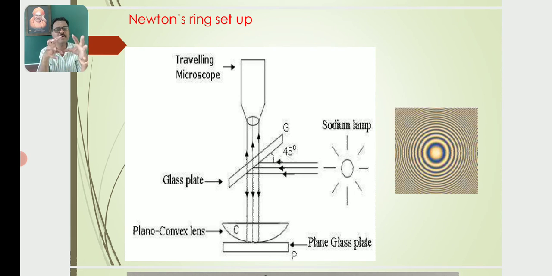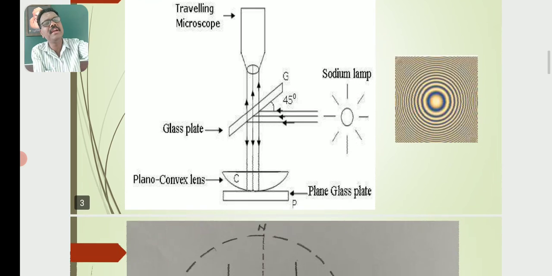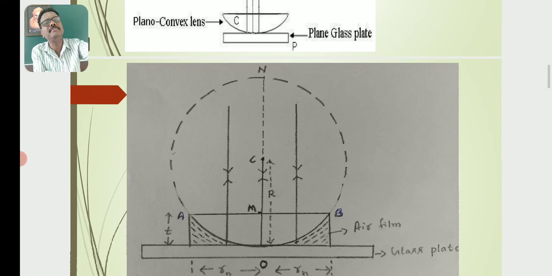They are called Newton's rings, which are obtained in the Newton's rings experiment. The interference pattern consists of alternating bright and dark rings. They are shown in the right diagram.